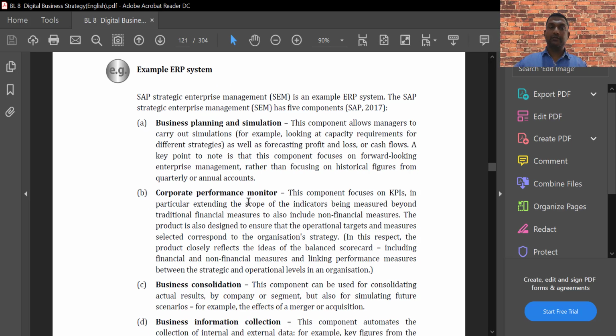So in the example given, it's explained the SAP Strategic Enterprise Management System based on a document published in 2017.